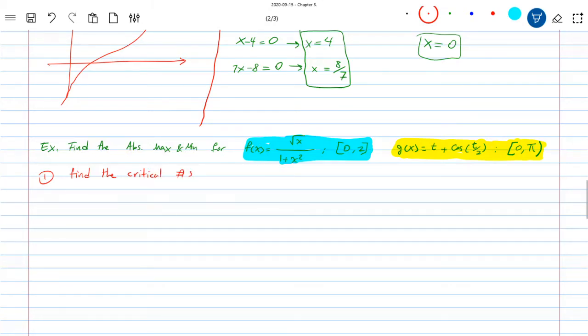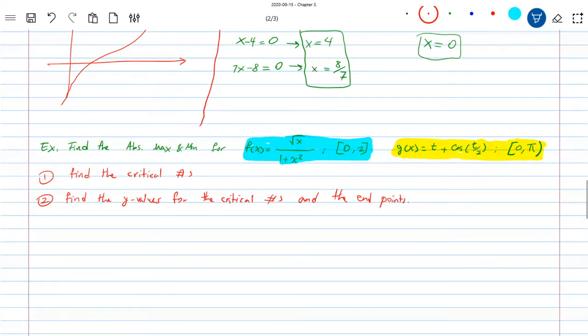After you find the critical numbers, step 2 is to find the y values corresponding to those critical numbers, as well as the endpoints, if there is an endpoint.